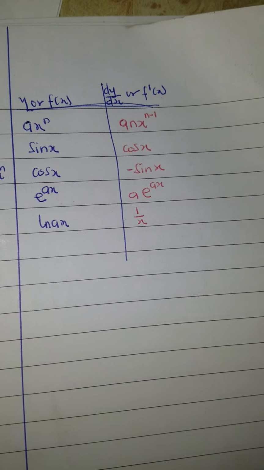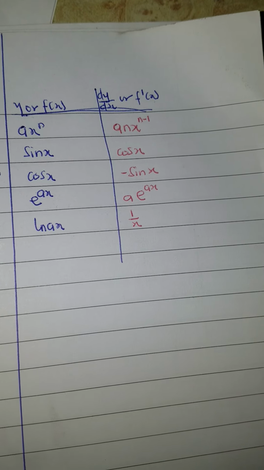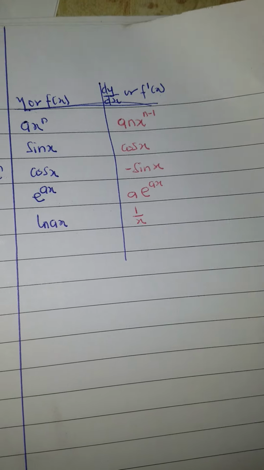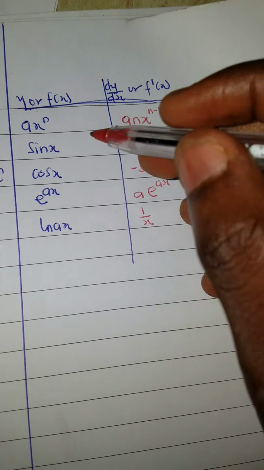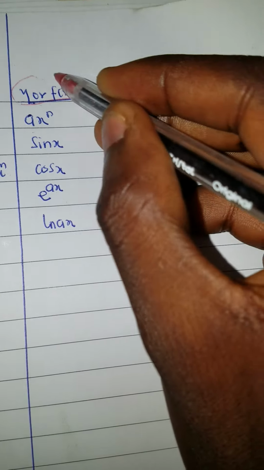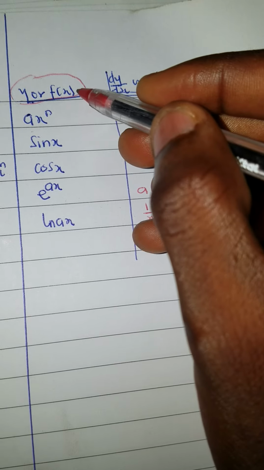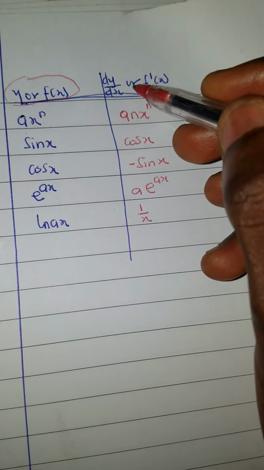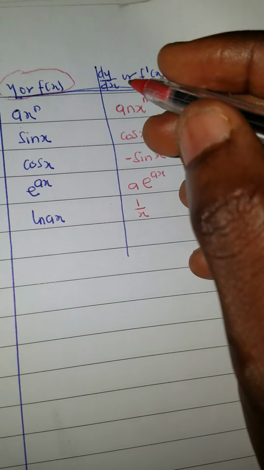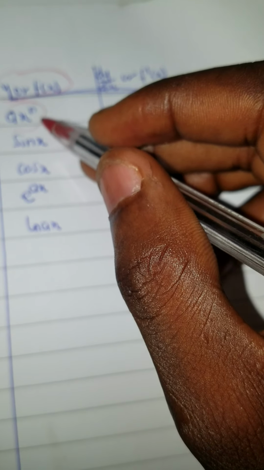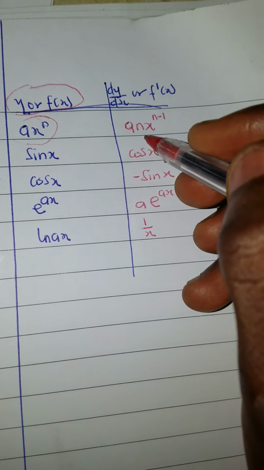So as a general rule, these are some of the simple things I would love you to keep in your head. You should know that anytime we are differentiating a function, this is a function given in y or f of x, and this is the differential form in dy/dx.